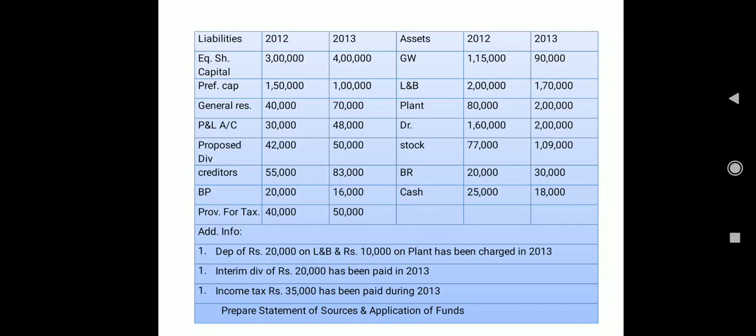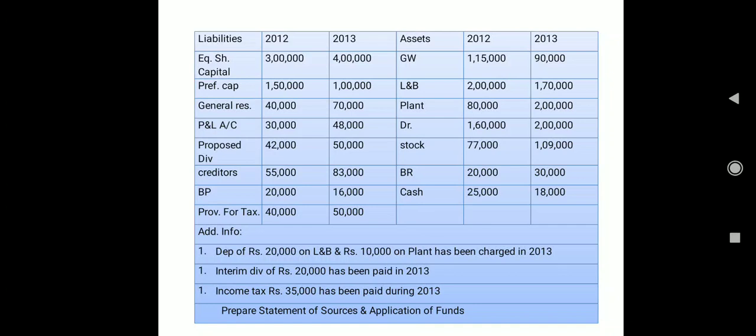Clear? Now the next, land and building, and then next we have plant. So now we'll keep land and building and plant on hold. Reason I'll tell you afterwards. Now we'll jump directly to the debtors. So I hope you know very well debtors are your current assets, so it will be a part of your first step, that is working capital.